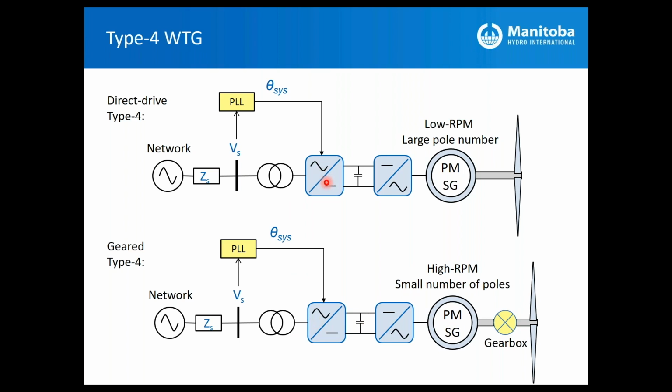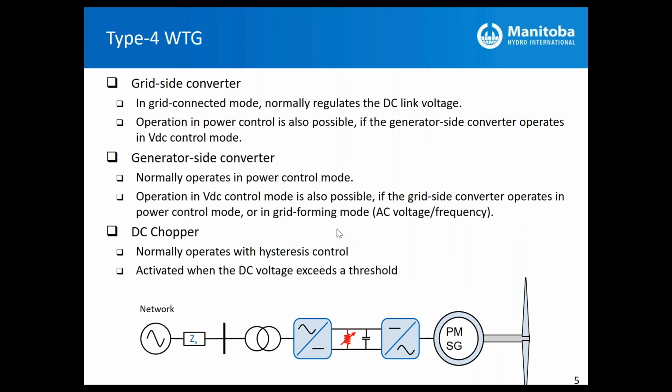But the modes of operation, the modes of control for these two converters, you have two basic options. The grid side converter, commonly in most vendor schemes, controls active and reactive power, whereas the machine side converter regulates the DC voltage. There are some vendors that do the opposite.